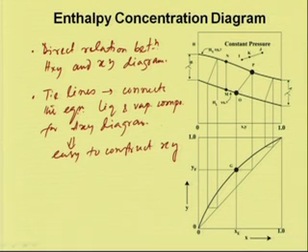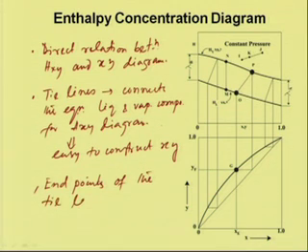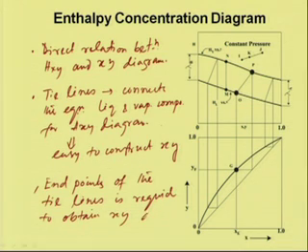So, only the end points of the tie lines are required to obtain the XY diagram.